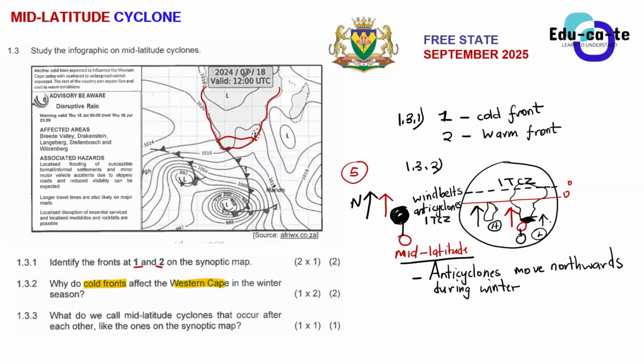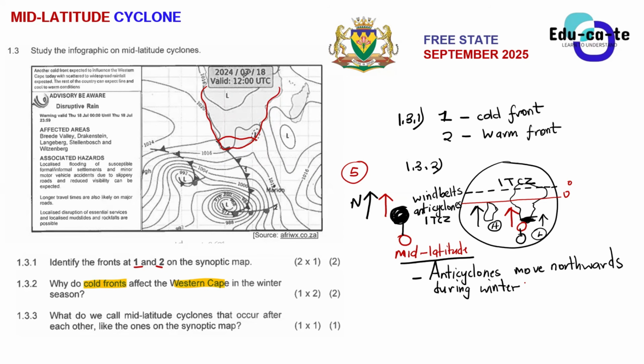But now, when you are reasoning it in grade 12, you say that the mid-latitude cyclone is moving northwards during winter. It is because the anticyclones themselves and the wind belts are also moving towards the north, causing the mid-latitude cyclone to also follow them.